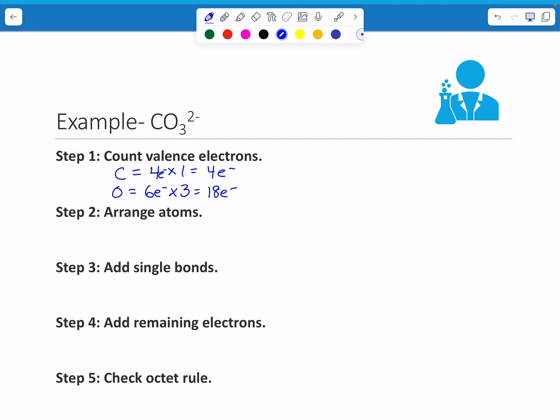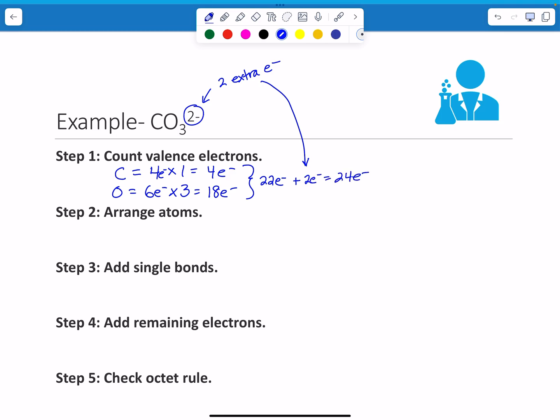This has a -2 charge, so it has 2 more electrons. So we've got 2 extra electrons. This is a total of 22 electrons plus our 2 extra electrons. So I've got 24 electrons.